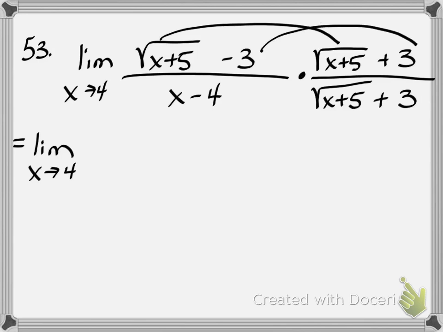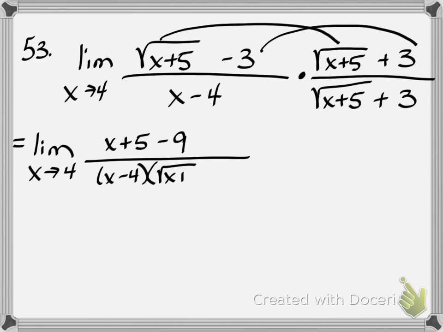When you square x plus 5, you just get x plus 5. And 3 times 3 is 9. All over, just leave these in parentheses. Don't factor them. Distribute, don't distribute. Just leave them multiplied together like this in parentheses. This top, 5 minus 9 is negative 4.